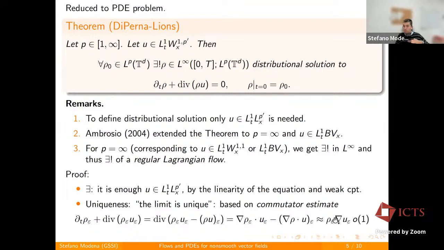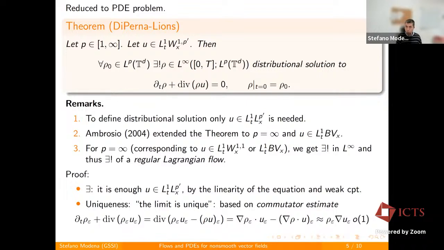And now you see that as long as this stays uniformly bounded in epsilon, and that's the case if rho is L infinity L^p and u is L^1 W^{1,p'}, then I can pass epsilon to zero, this goes to zero, and I get strong convergence to zero, which guarantees the uniqueness.